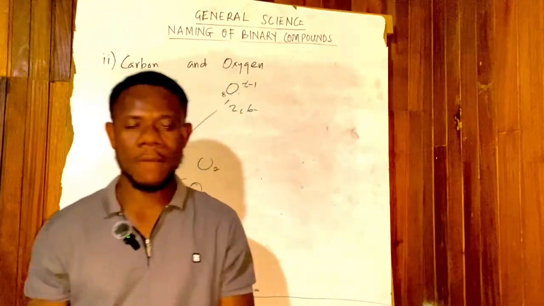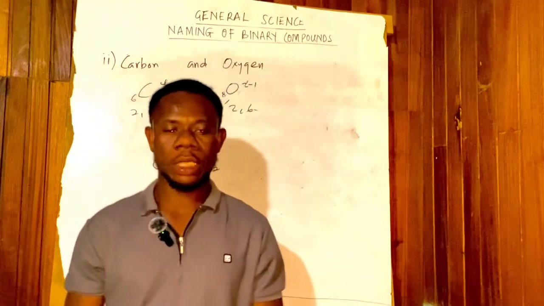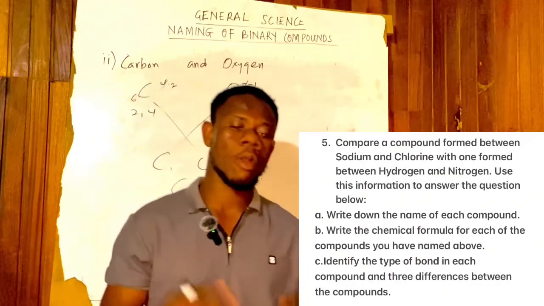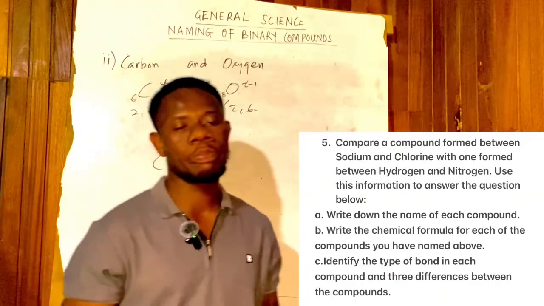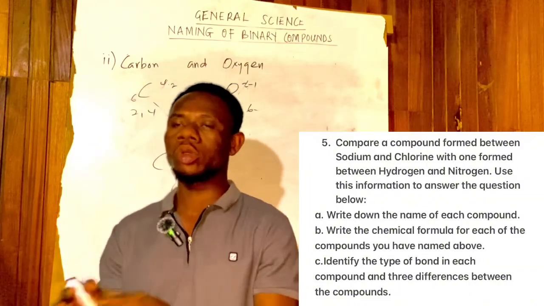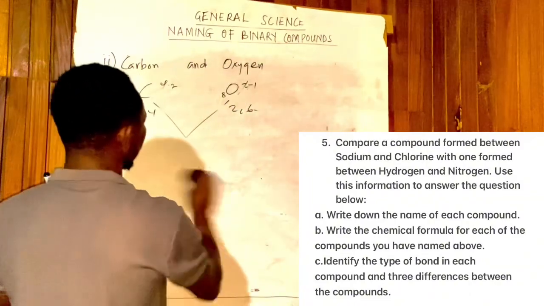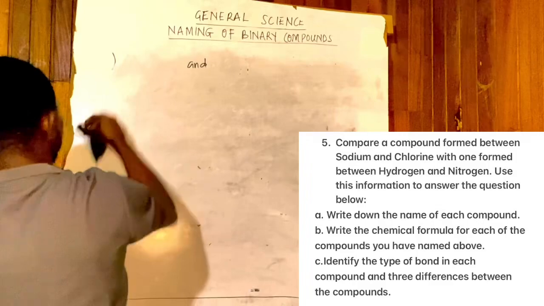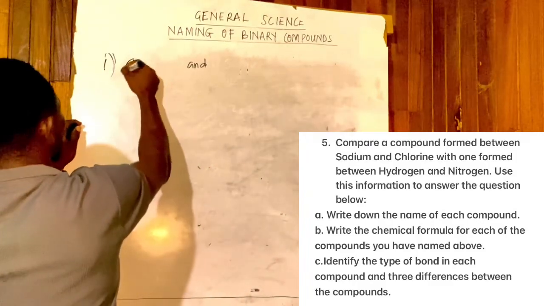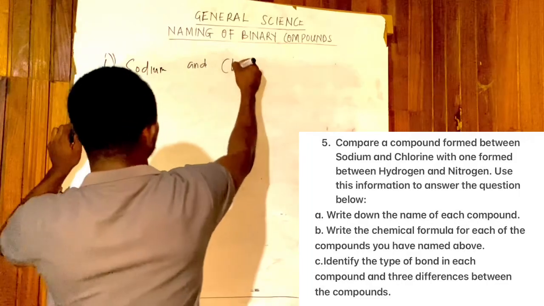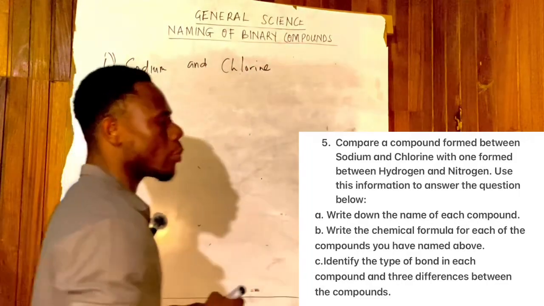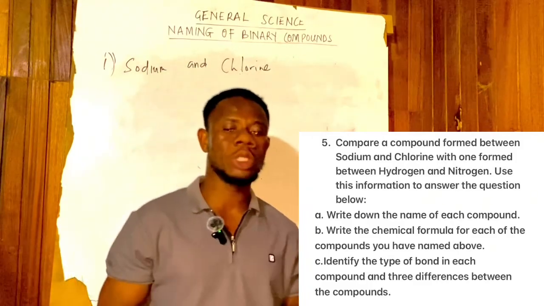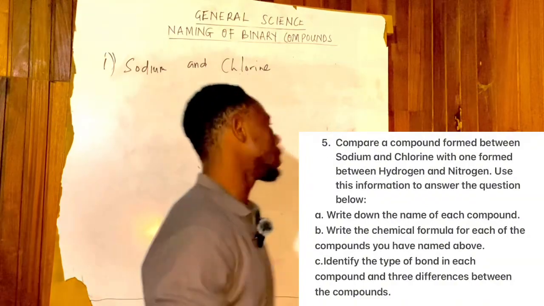Now, question 4. Is it question 4? No, question 5. Sorry, question 5. We have to compare a compound formed between sodium and chlorine, and one formed between hydrogen and nitrogen.